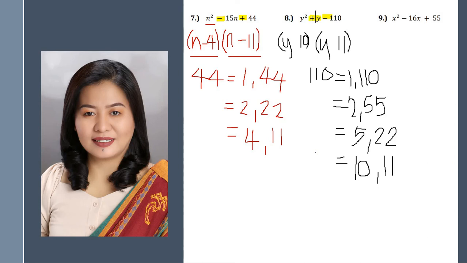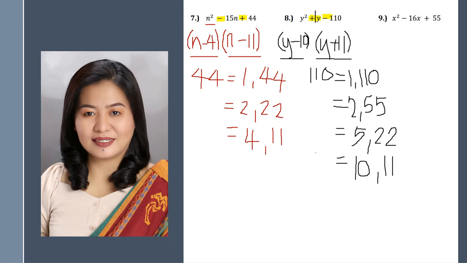That means we give the positive sign to the larger number, that's 11, and the smaller number 10 will have the minus. So the factors of y squared plus y minus 110 are y minus 10 and y plus 11.